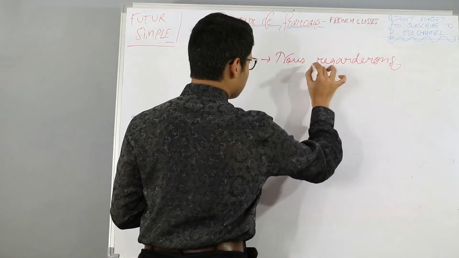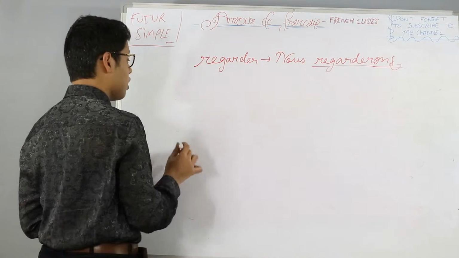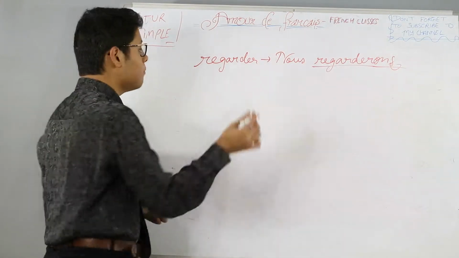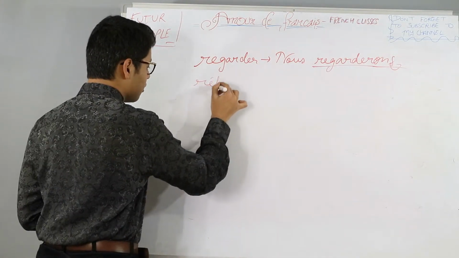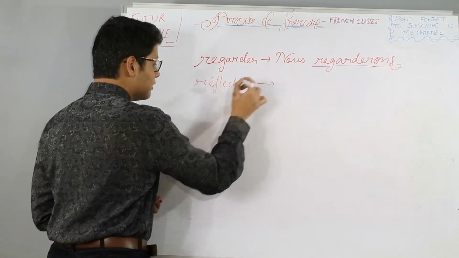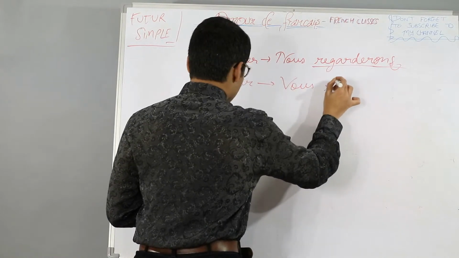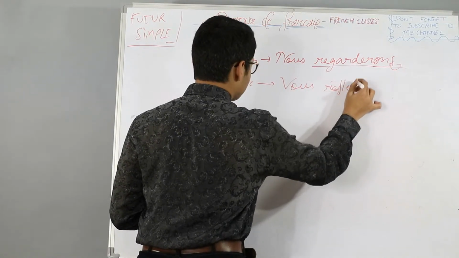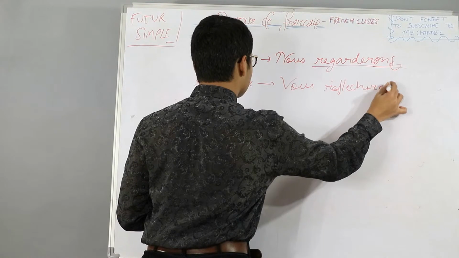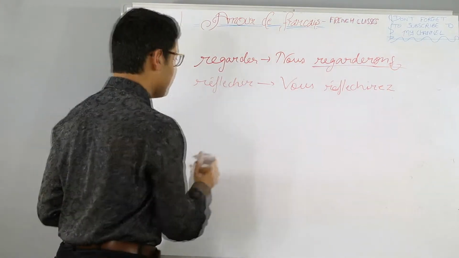Rule, please remember, very important: stem plus future simple ending. Now, IR ending verb, réfléchir. Réfléchir means to think. Let's make it with vous: vous réfléchirez. It means you will think.